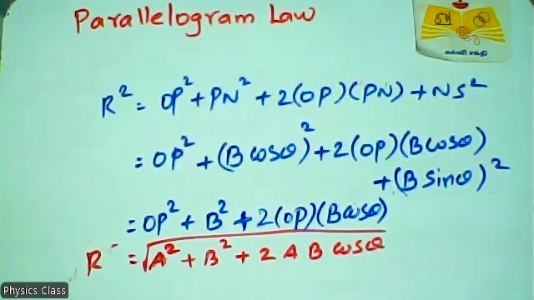The vector R has a value with direction. Now we found that value, which is called the magnitude. Another case is to find the direction, because a vector has a direction.